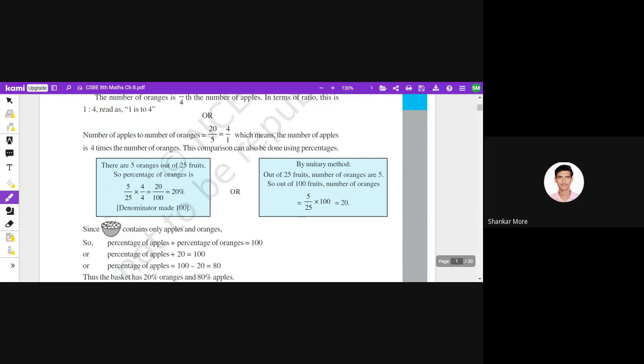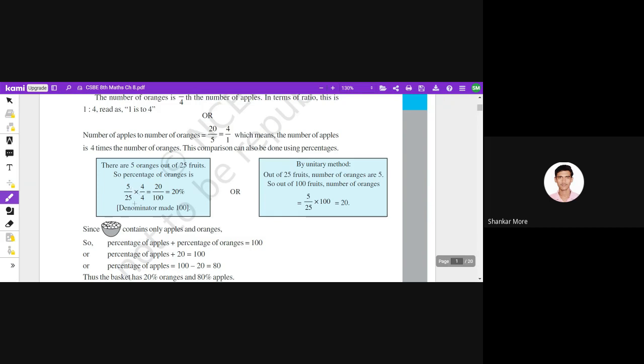Now what we have to do is make our denominator 100 so that we can get the percentage. To make 25 as 100, we can multiply and divide by 4, which will not change the meaning of this equation, but it will certainly give us the percentage.